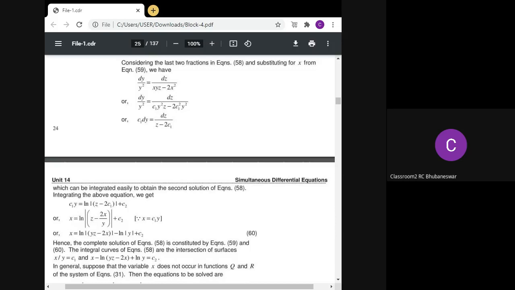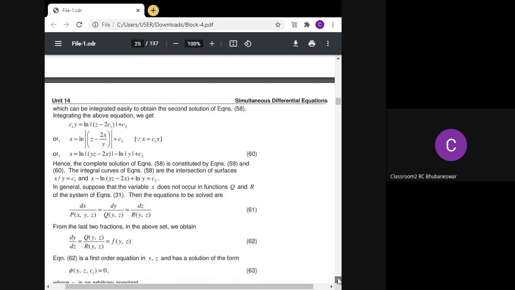So these are the two families of surfaces which are the solution of the given system of differential equations.